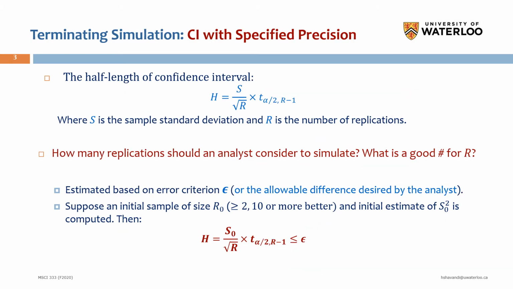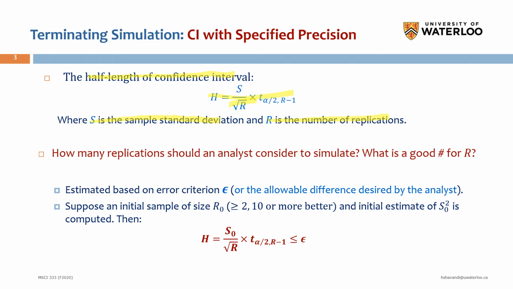So as we saw, the half width or the half length of the confidence interval is this. Here S is the sample standard deviation and R is the number of replications. So the question that arises here is, how many replications should we have in our simulation?